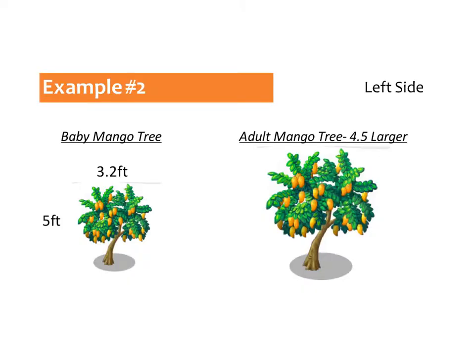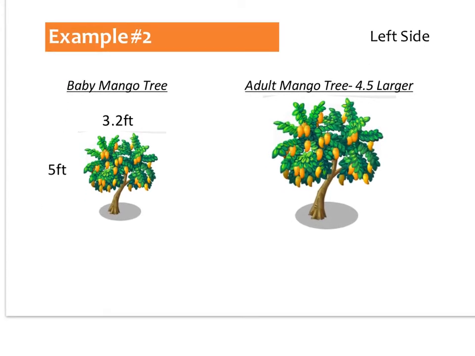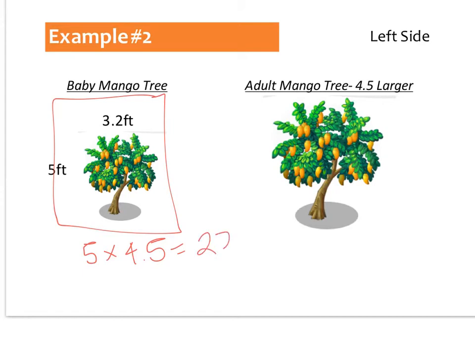Let's go ahead and look at this baby mango tree. So in order for me to harvest this mango tree, I need it to be 4.5 times larger than the baby. So the height right now is 5 feet. And if I need it to be 4.5 times larger, I'm going to multiply it times 4.5. So 5 times 4.5 will give me 22.50. Then I'm going to do the same thing with the 3.2 right here on the top, right?